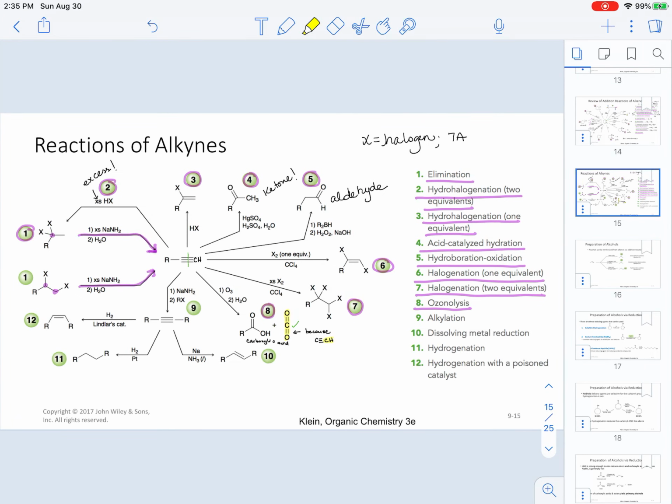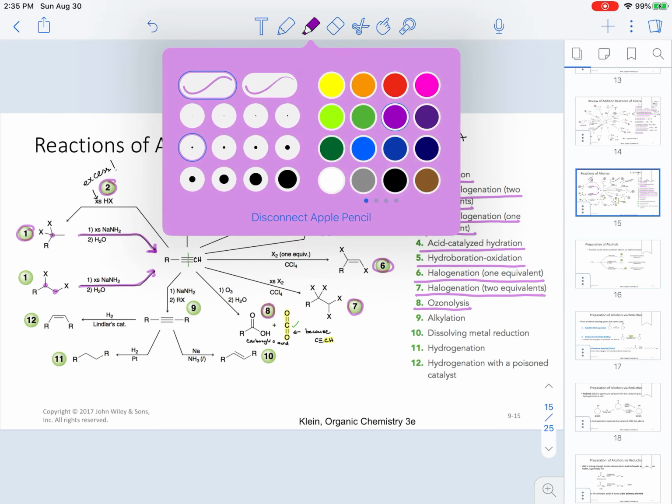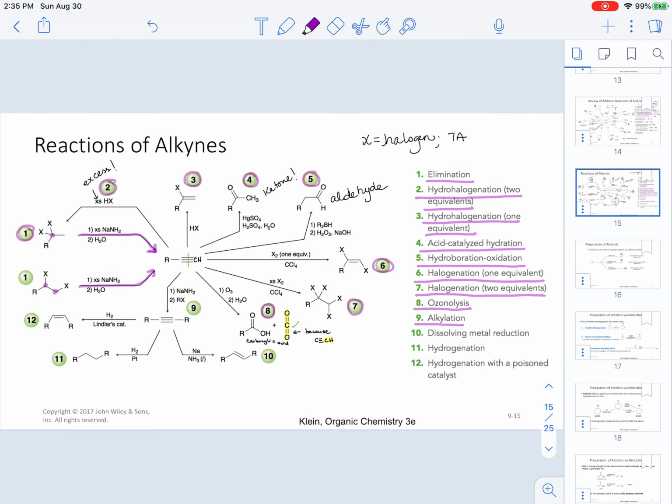Moving along, we have the alkylation reaction. An alkylation reaction of an alkyne specifically is how we increase the number of carbons in our molecule. In this case, on reaction 9, we are going to make our alkyne a nucleophile, and we're going to be reacting it specifically with a primary haloalkane.